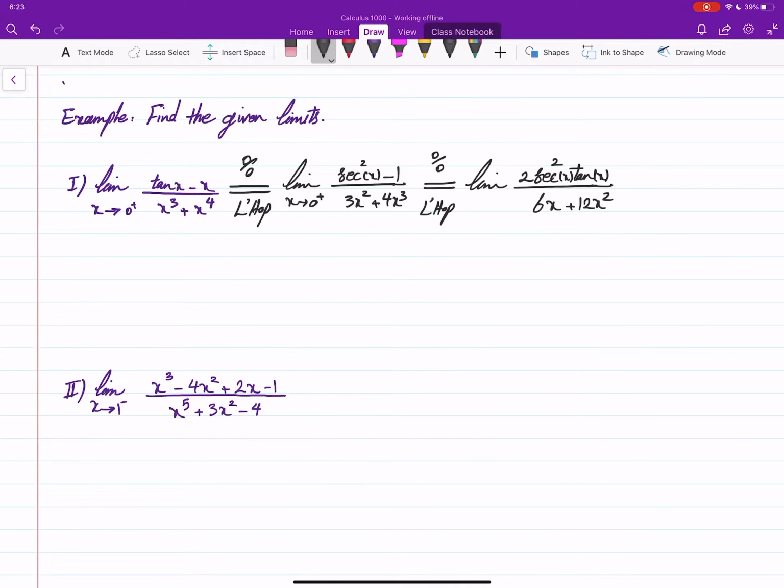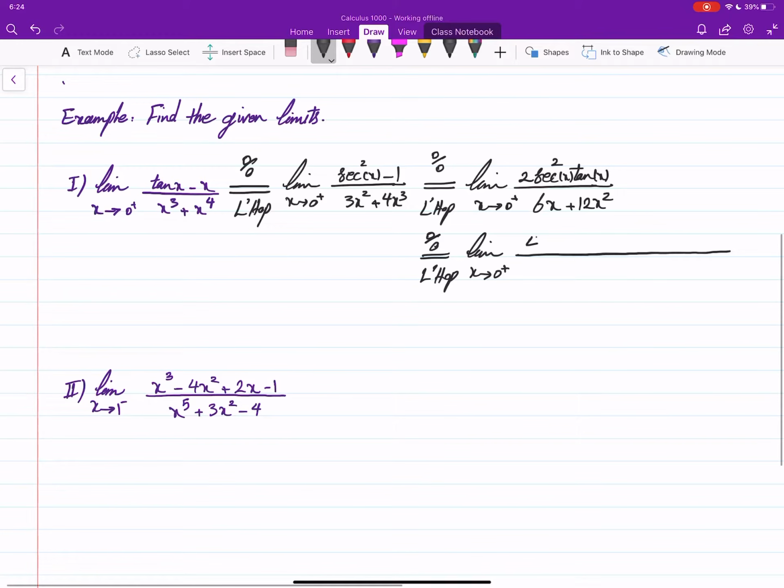Very nice. Now find the limit of the numerator and denominator as x goes to 0 from the right. And again, we will see that the limit of the numerator is 0, the limit of the denominator is 0, and we can apply L'Hopital's rule. So I will replace the numerator by the derivative of the numerator. By the product rule, this will give us 4 secant squared x tan squared x.